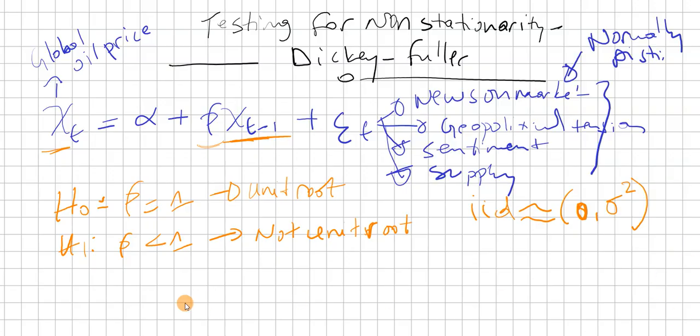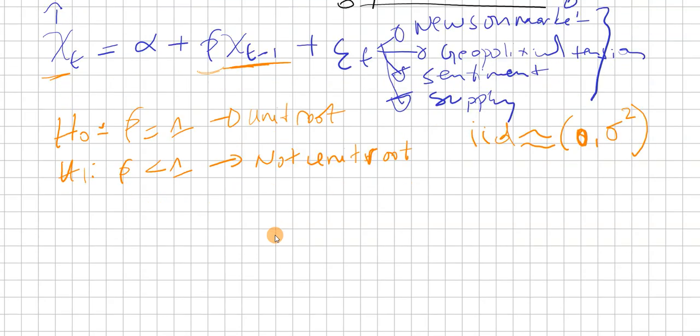But to make it easier, we can take today's price of oil minus yesterday's price. It gives us the same intercept plus the change: (rho minus 1) times X_{t-1}, yesterday's price, plus the epsilon.